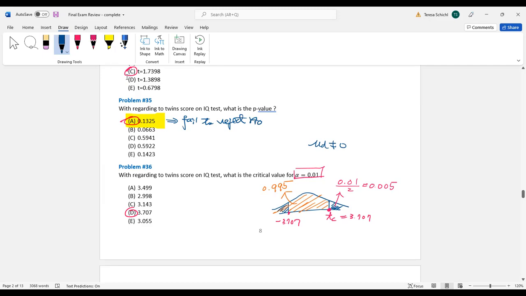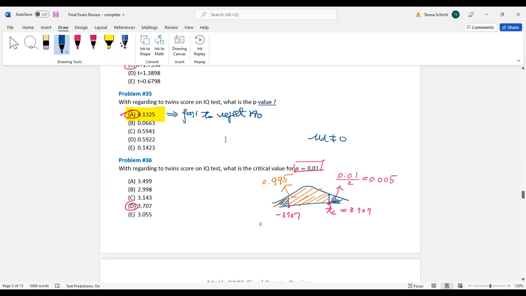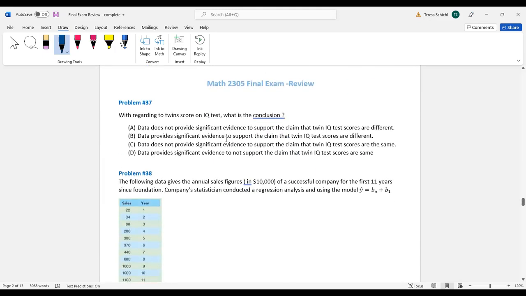That means the data does not provide significant evidence to support that the twin test scores are different. All right, so let's see which one is most closely related. The option says data does not provide significant evidence to support the claim that the twin IQ test scores are different. Oh, this one looks like exactly what we said.